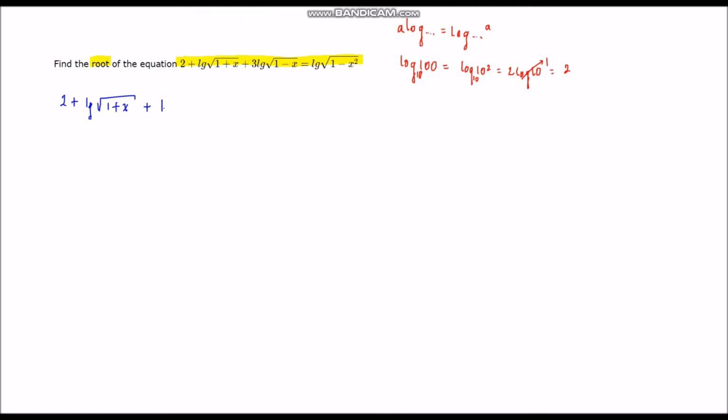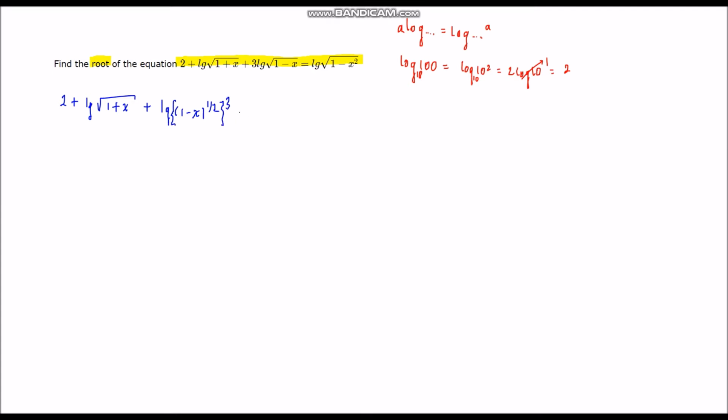So I'm going to rewrite this whole thing over here as, since this is root, right? So root is technically to the power of half. So 1 minus x to the power of half, and then whole to the power of 3, like this.